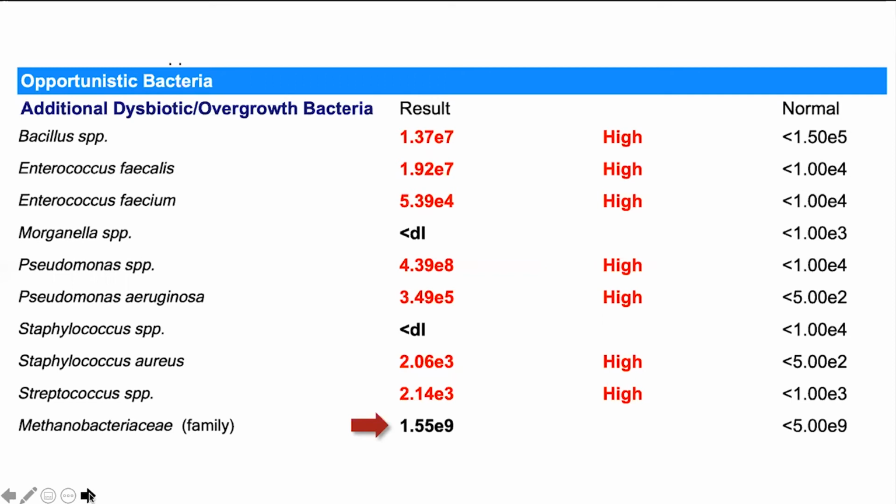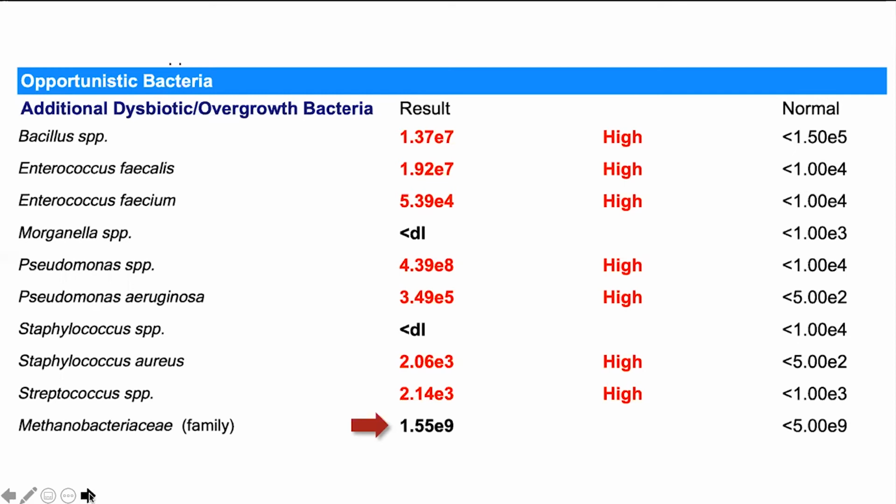Now, that said, on our test, and based on looking at literally thousands of tests over the last couple of years, the Methanobacteriaceae family on our test tracks very closely with overall evidence of overgrowth on our test. And you'll see here in a moment, if I get a chance to get to one of the slides, that talks about that more, it's really a direct reflection of the level of fermentation, particularly in the colon.